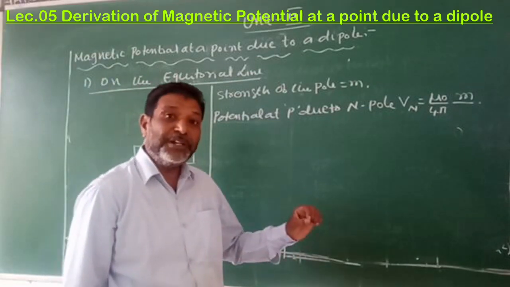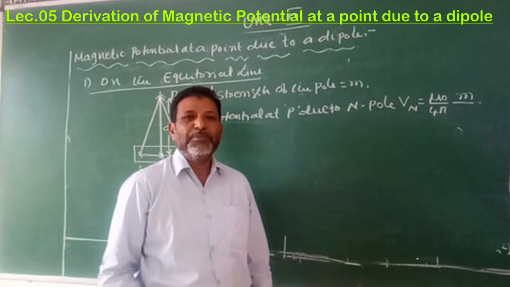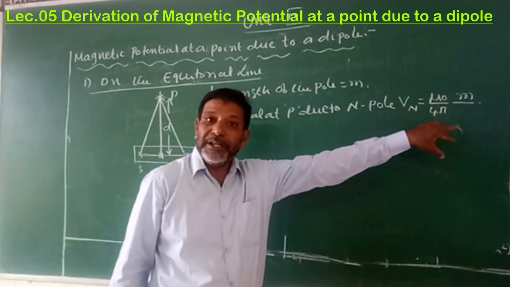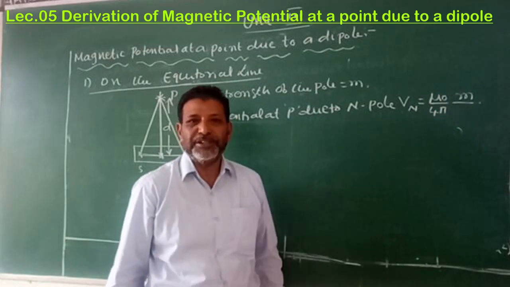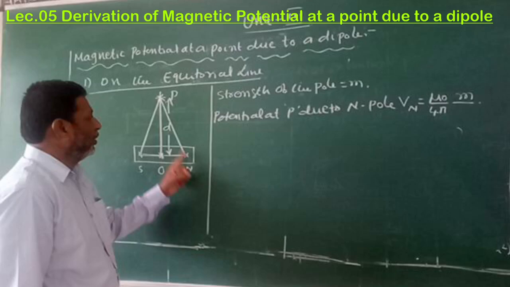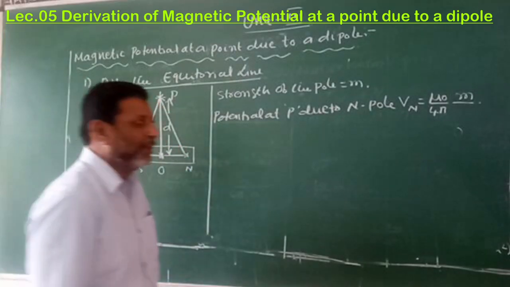Potential at any point due to a magnetic pole, I have already given to you: mu naught by 4 pi into m divided by the distance of the point from the pole. Now, this is the point and this is the pole, so this distance we write as NP.